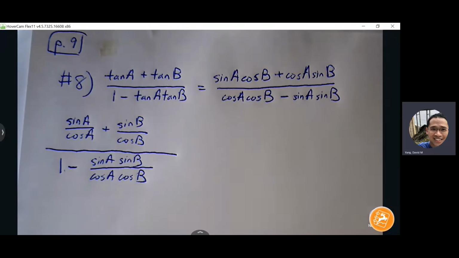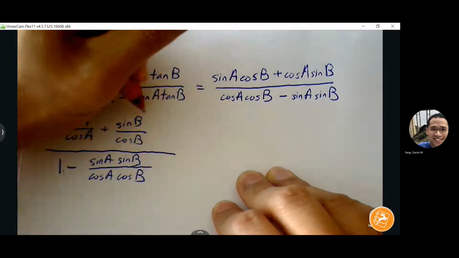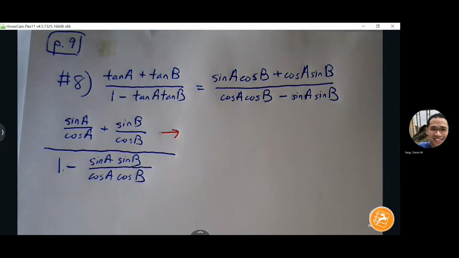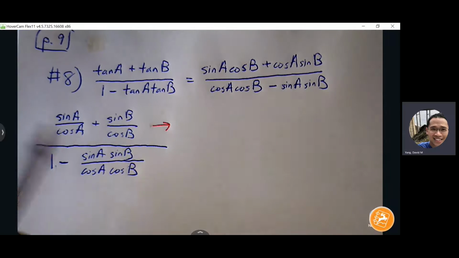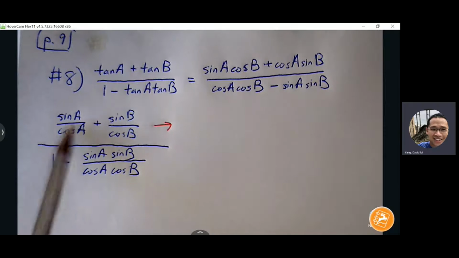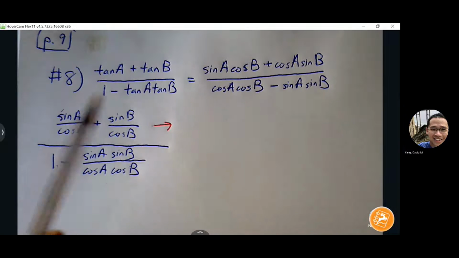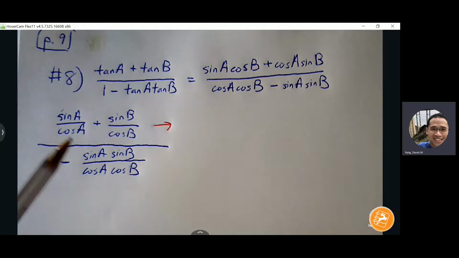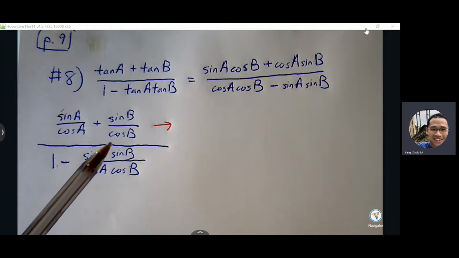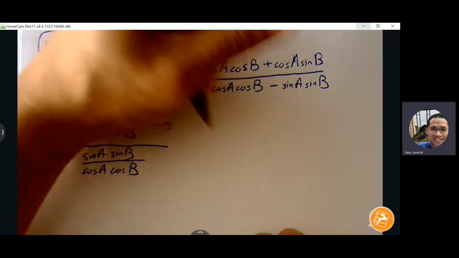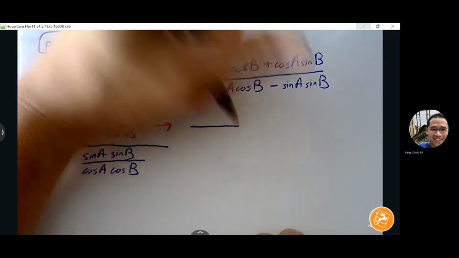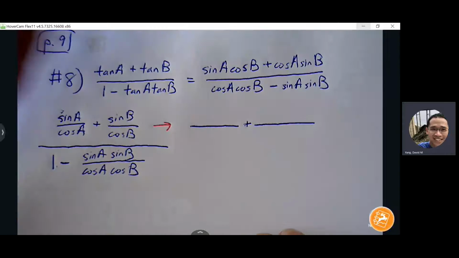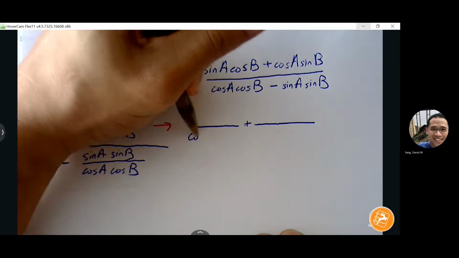So let's focus on one thing at a time. I'm just going to focus on this top portion here. What do you think the common denominator will be if I'm just looking at this fraction here? Yeah, cosine A, cosine B, right? If you see two things that are different, you just need to include both things. Okay, so we don't have to be clever with the way that we create common denominators. If there's two things, then we'll include both.